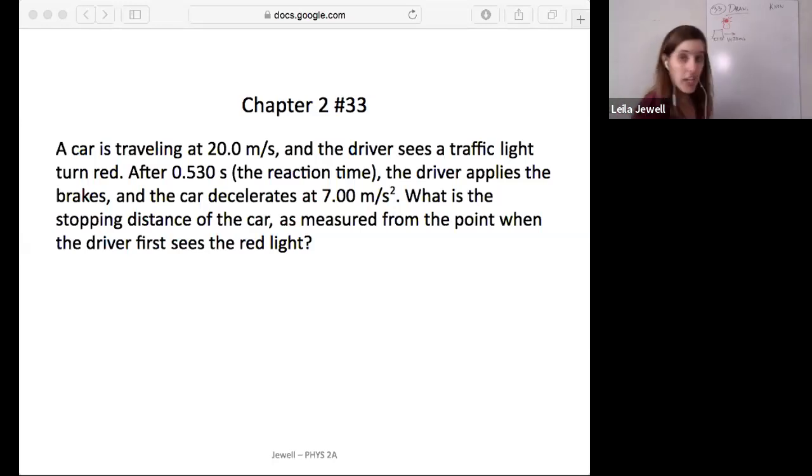The driver takes a moment to react before being able to hit the brakes. So the reaction time is sort of this pause here. Reaction. And then at this point, we can say that the driver hits the brake pedal.